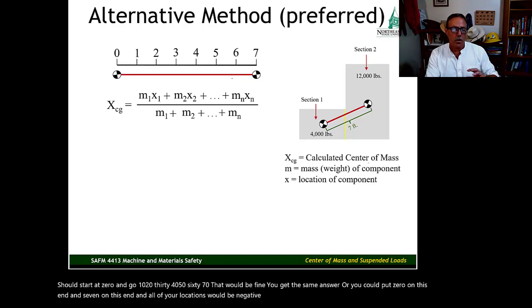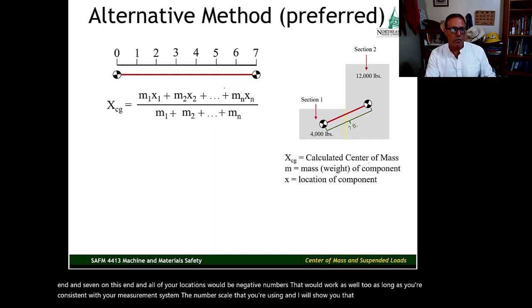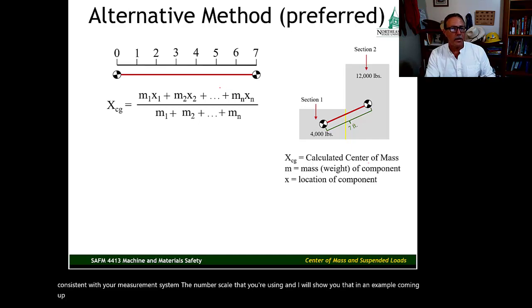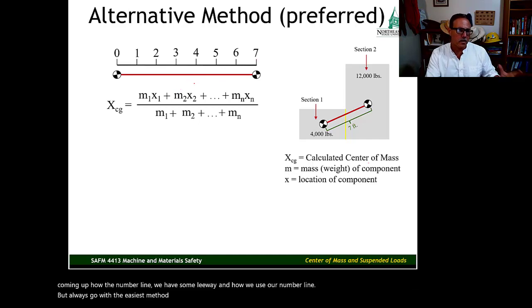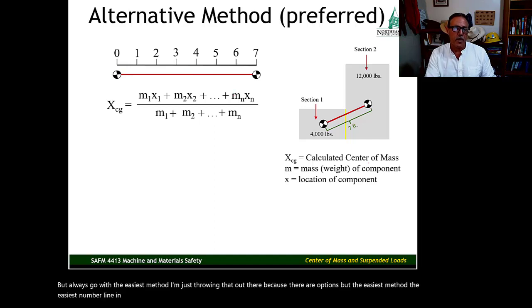That would work as well, as long as you're consistent with your measurement system, the number scale that you're using. I will show you that in an example coming up, how we have some leeway in how we use our number line. But always go with the easiest method. I'm just throwing that out there because there are options. But the easiest number line in this situation is 0 through 7.